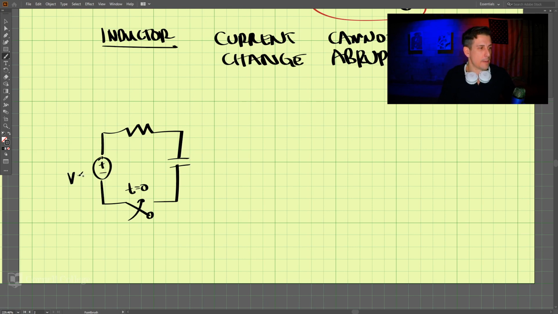Now at time equals infinity, at a very long time in the future, we would have a circuit like this.